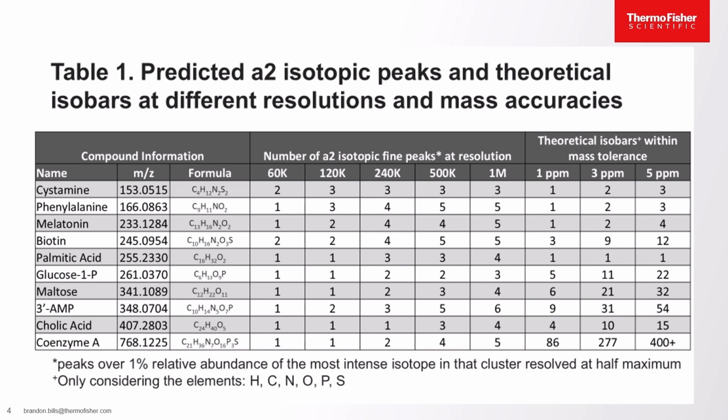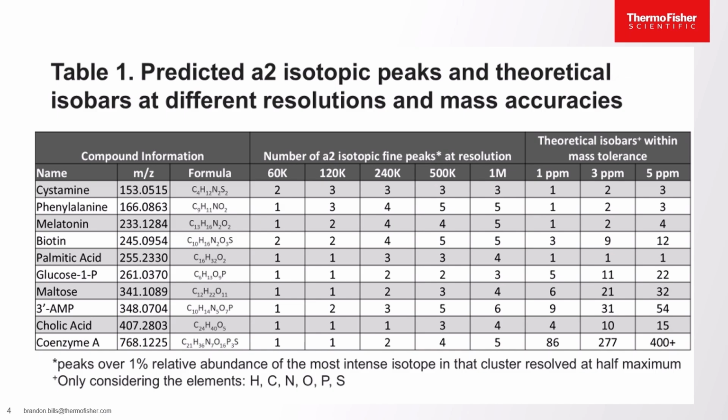But as we go up to palmitic acid and biotin, we start to get more theoretical isobars, especially when we start adding in heteroatoms like nitrogen, oxygen, sulfur. Palmitic acid might not have a lot of theoretical isobars, but biotin has a significant number, having even 3 within 1 ppm.